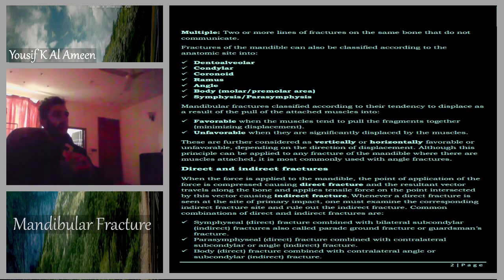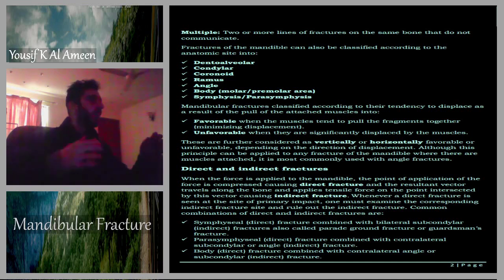Examples for such direct and indirect fractures include the symphysial direct fracture combined with the bilateral subcondylar fracture, which is an indirect subcondylar fracture bilaterally, also called parade ground fracture or Guardsman's fracture.